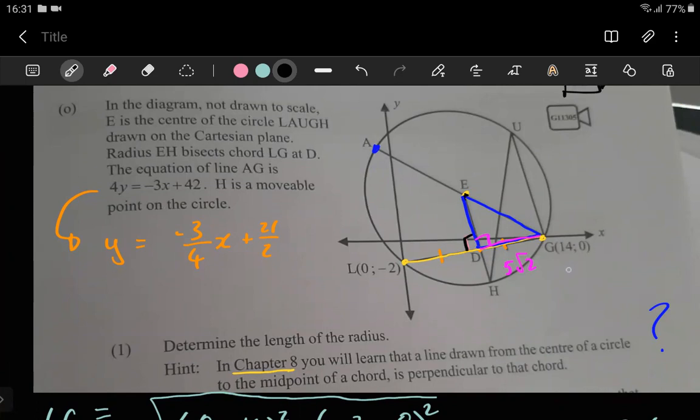But then let's see. Maybe we are being a bit too lenient on ourselves. What we do know about a circle is that a circle is symmetrical. What does that mean now? It means the coordinate of G on the other side, we can work out just by knowing what G is.